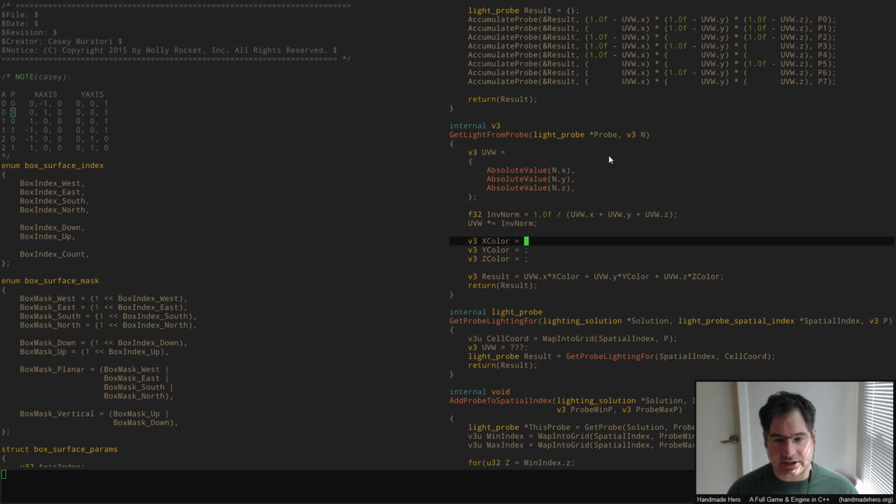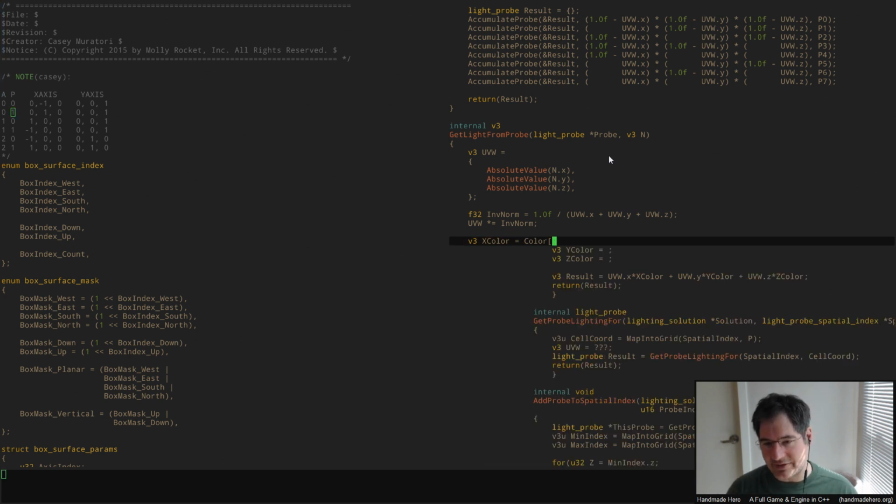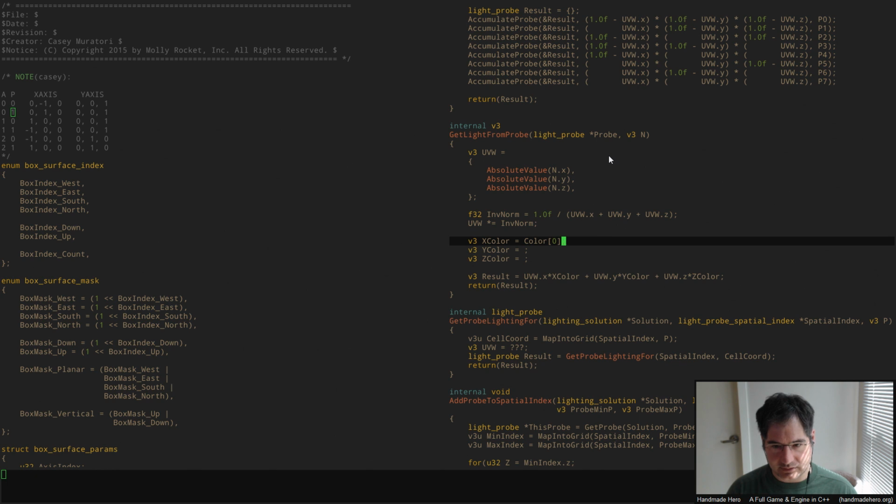And so in here, we would pick one of either color, x negative, x positive. So we kind of do like if nx less than 0, and the same would be true for each of these.